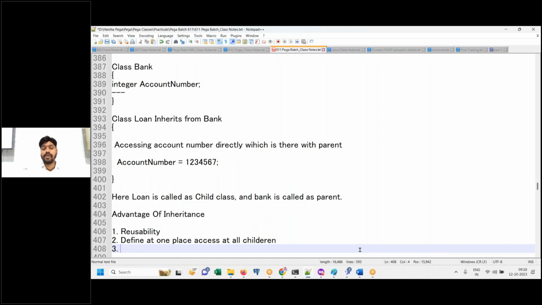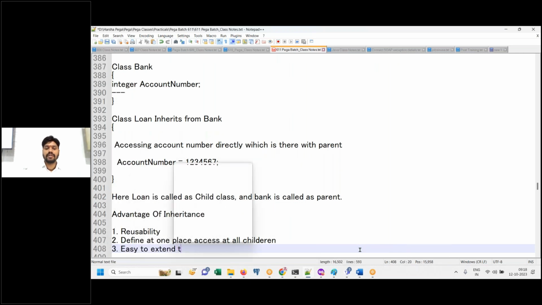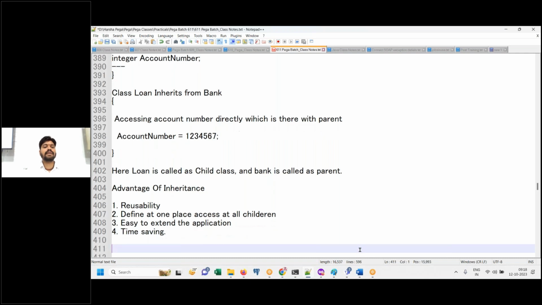Next, easy to extend your business, easy to extend the application. Business means the real-time world, application here. Anything else? Time saving, obviously. You don't have to create the same thing again and again in multiple classes. One class you create, access it, that's it. Okay, clear everyone? So these are the advantages.